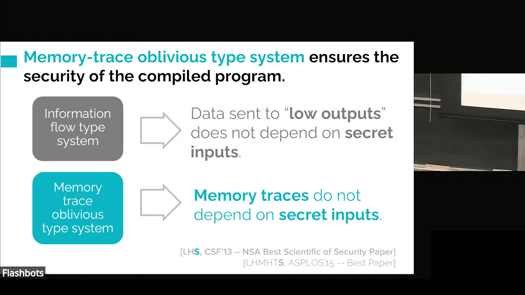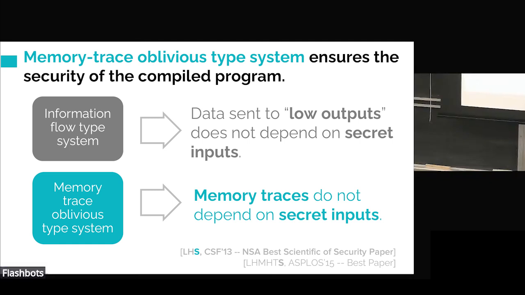Okay, and there are actually two aspects of the compiler. I only talked about the efficiency perspective today, but there's also another benefit of having such a compiler: it can formally verify the obliviousness of the program at compile time, and this is something that we call memory trace obliviousness. Essentially, you can develop an information flow type system, and like a normal information flow type system, make sure that data sent to low outputs do not contain secret data.